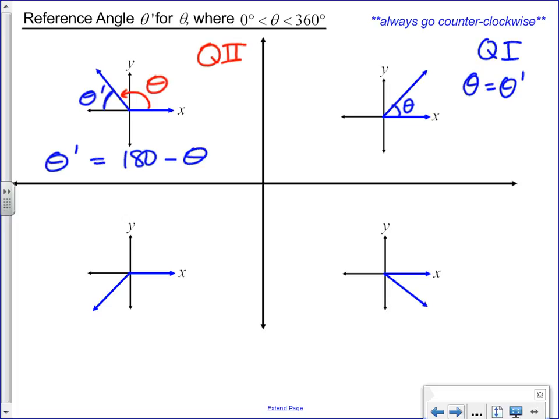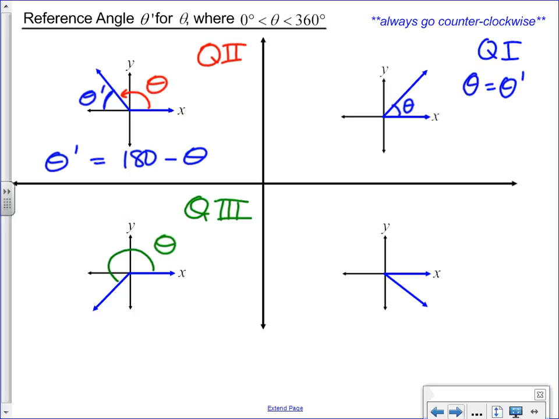Well, how about another? Here we go. Quadrant 3, the angle goes all the way around to here. So that's your angle. It's past obtuse, it's an oblique angle.